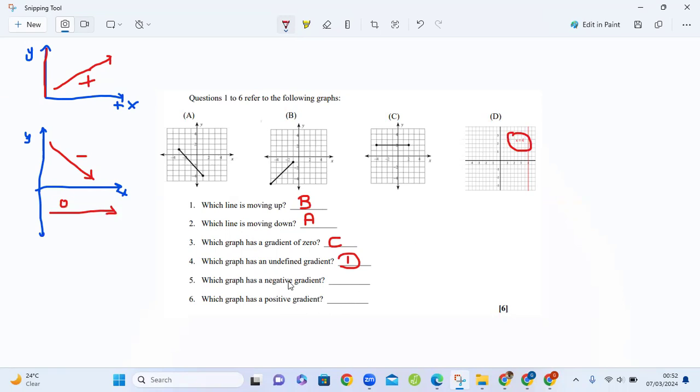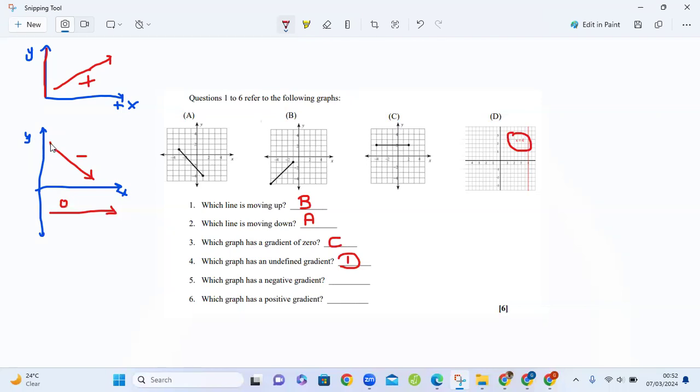Which graph has a negative gradient? As we see, the gradient shows you the behavior of the y. If the line is diagonally in this direction, going downwards, meaning the y is decreasing. X is always increasing from left to right, but here y now is decreasing.